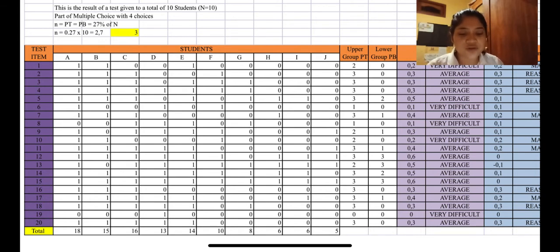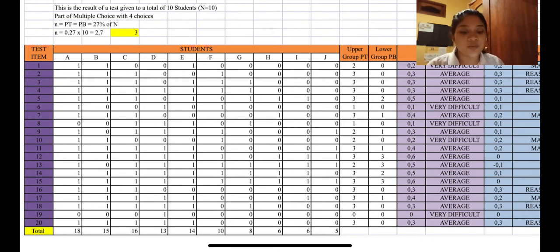Then we also need to add the score of each student, meaning how much they answered correctly and incorrectly. And don't forget to enter the total score for each student and sort the scores from the highest to the lowest. That is the first step of the item analysis.